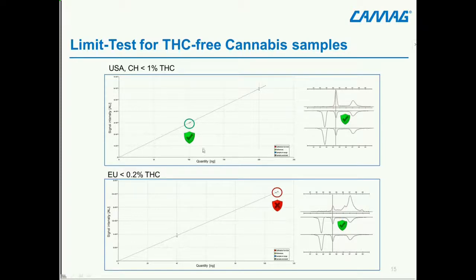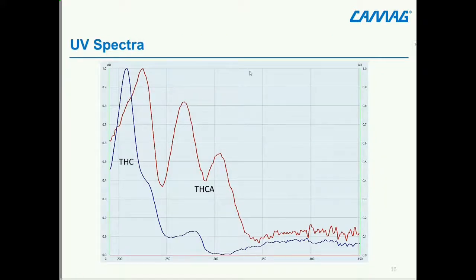Sorry, this is the limit, and this is the sample that passes here because it's below 1%, and here this sample is failing because it's above the 0.2%. This can be done within less than 1 hour. And in addition, you can have the confirmation that it's the right target by UV spectra.